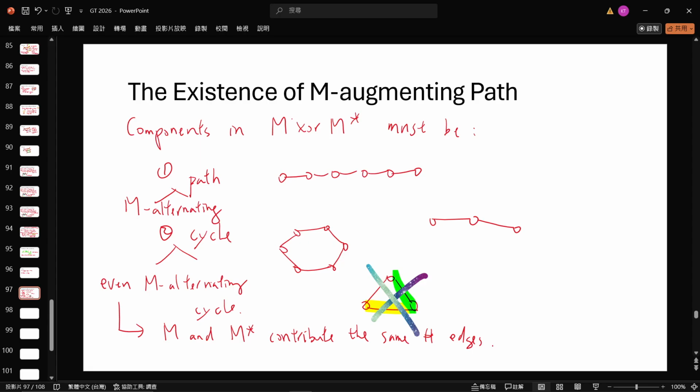Next, once again, we can compute the length of a path. So it can be an even path or it can be an odd path. But recall that M star is bigger than M. So if M star is bigger than M, then there must be some component in which M star has more edges than M.